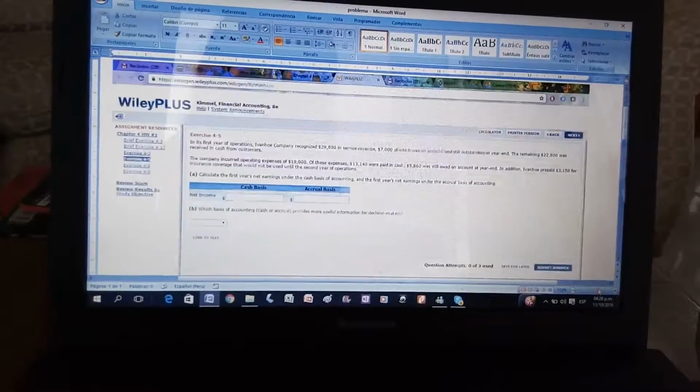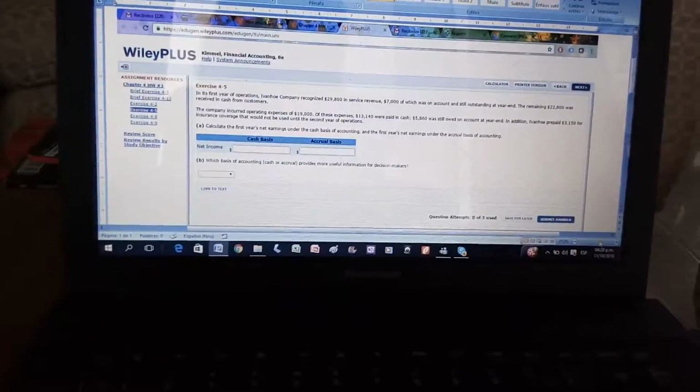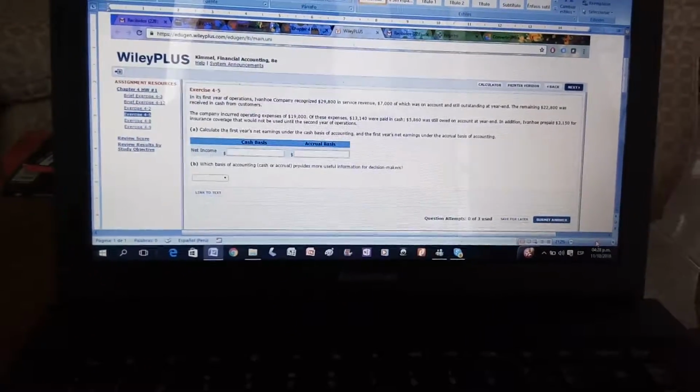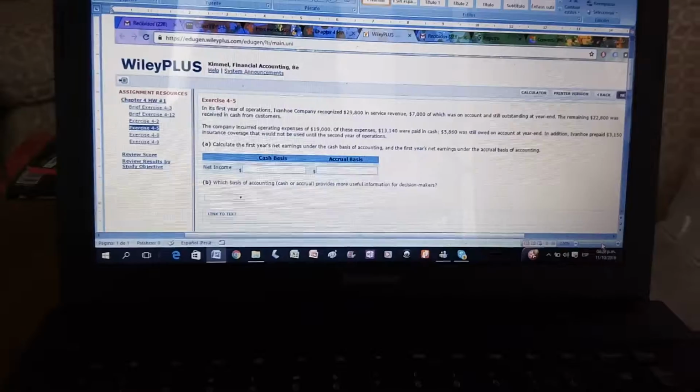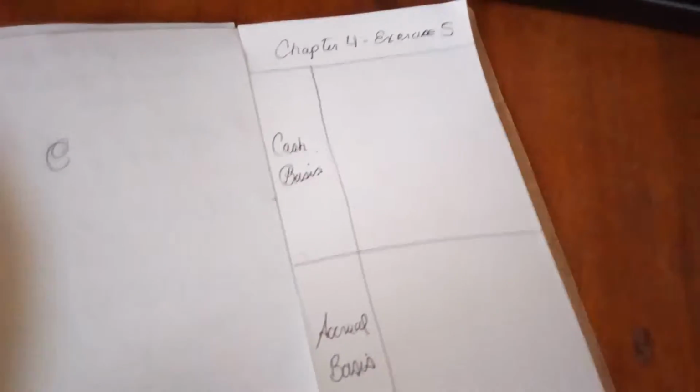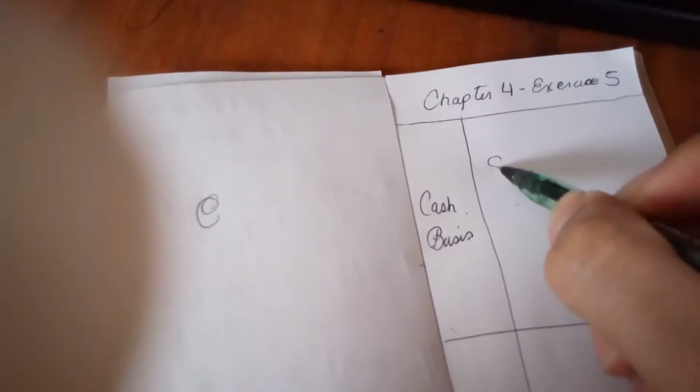Okay, I will write the amounts differently according to which basis we are talking about. If we talk about cash basis, we have to recognize service revenue as 22,800, because this was the money they received in cash.